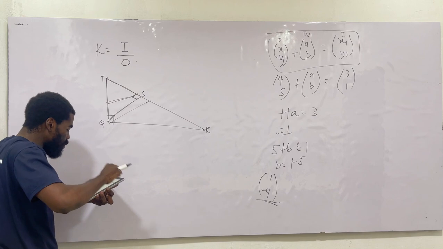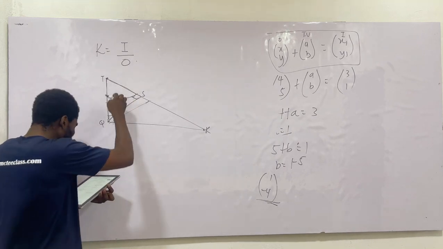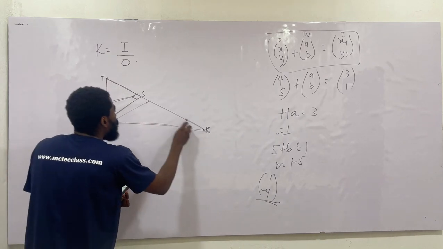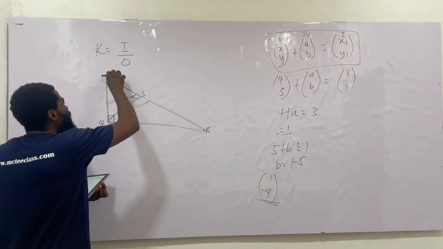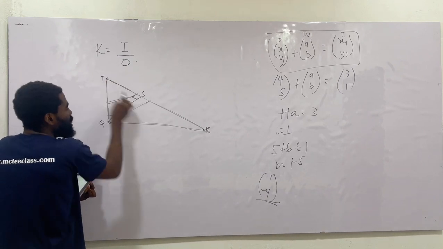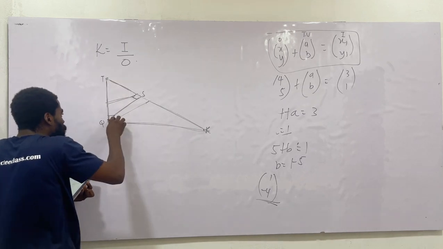If you look at this, which one is our image and which one is our object? Triangle QRT is the enlargement, so the bigger triangle becomes our image. Each side, that is TR, must correspond with TQ or QT. Why?